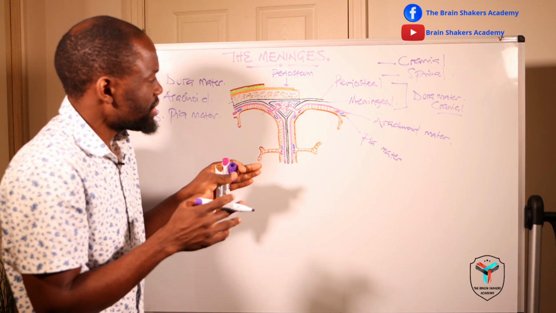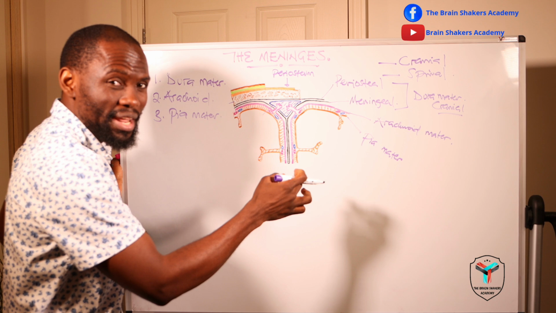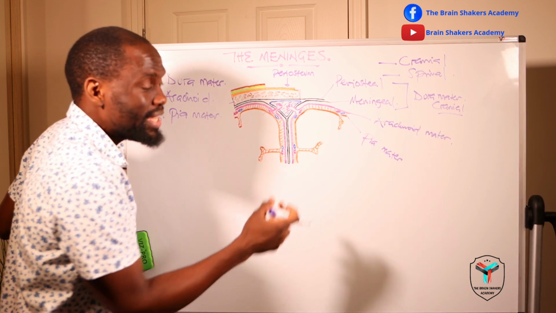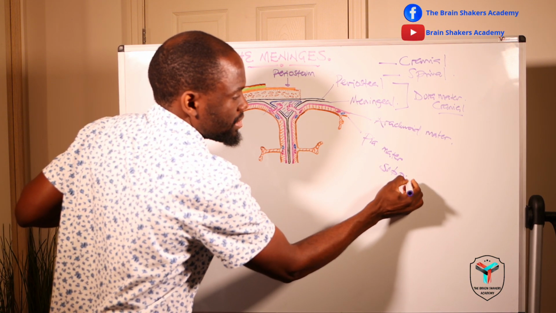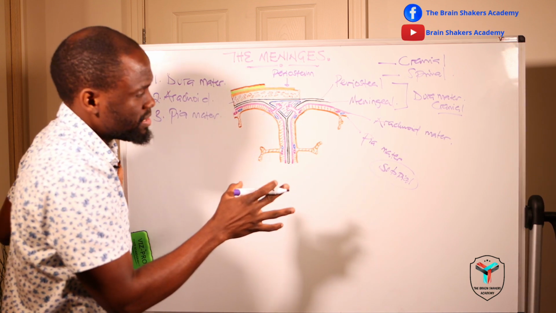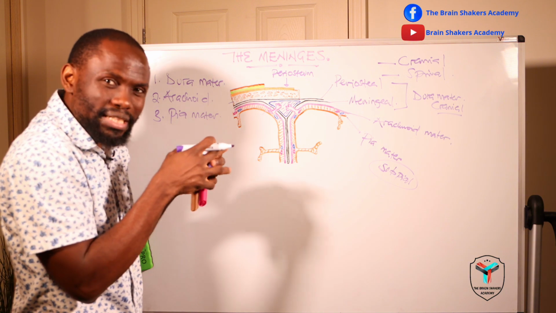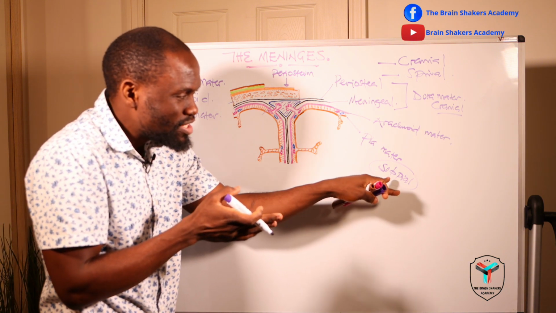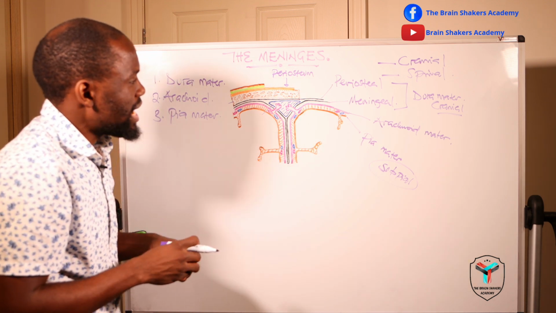Because of them, a small space is created between the pia mater and the brain tissue, which we refer to as the subpial space. We'll be looking at the different meningeal spaces in a few seconds, but the pia mater does not completely adhere to the brain tissue.